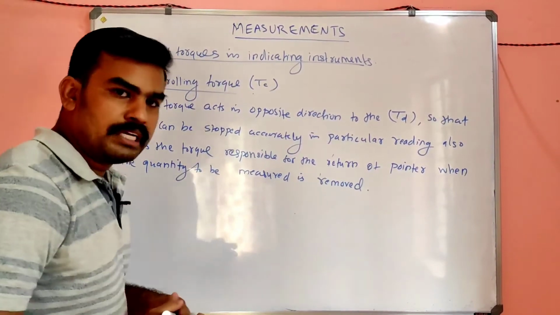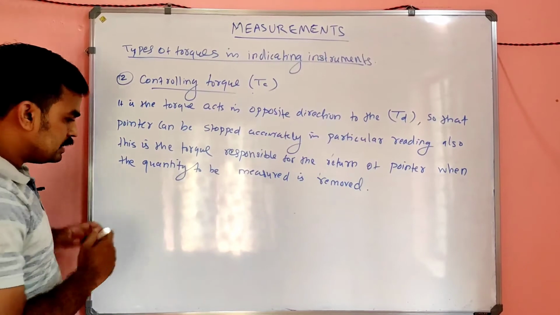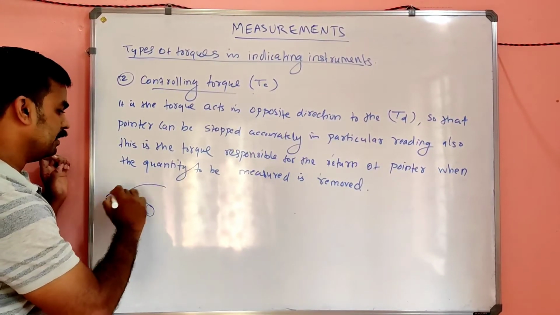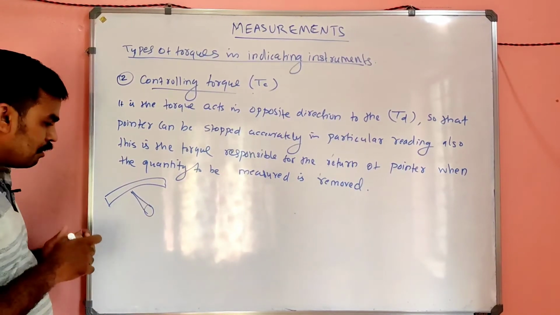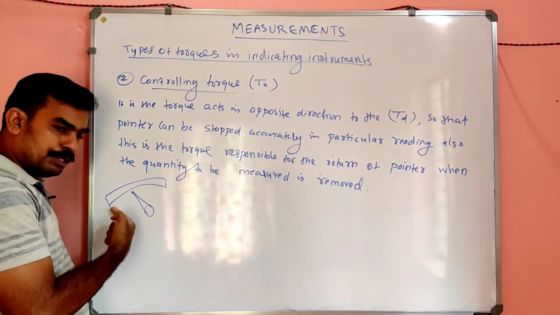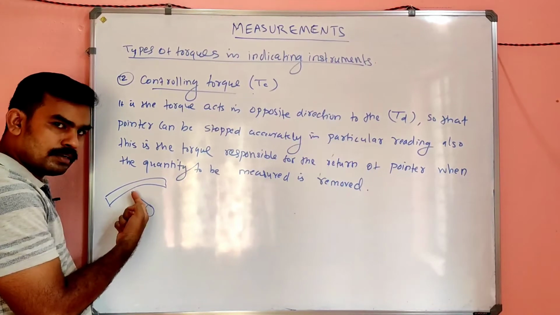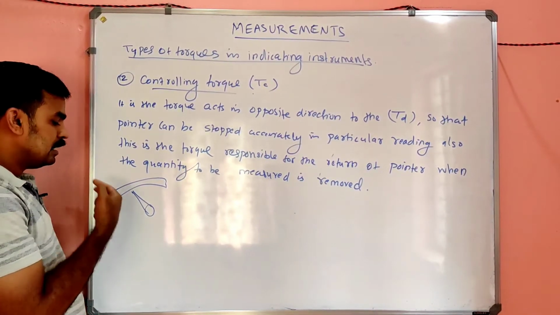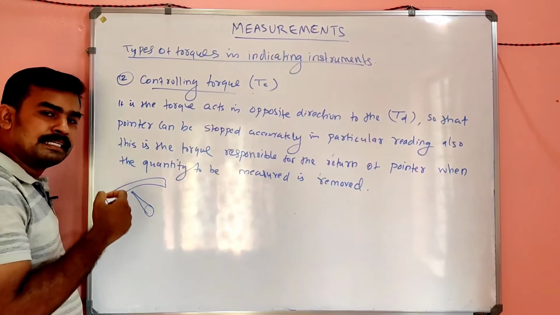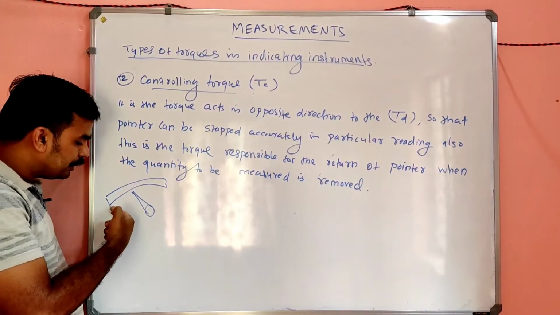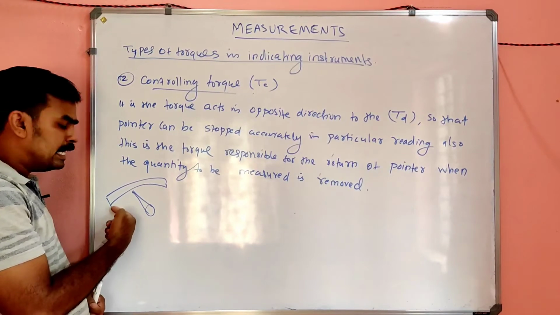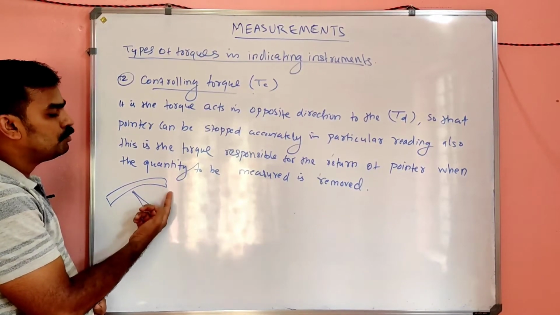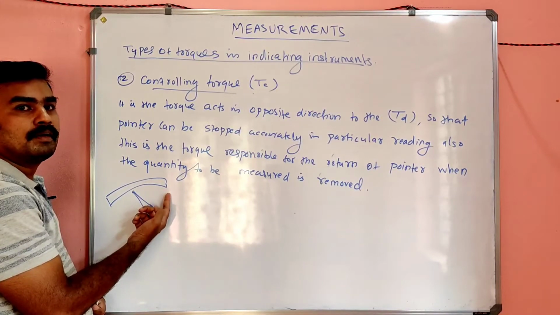Listen my dear, so controlling torque I will explain. Suppose this is a pointer, and this is our scale. You have to start the pointer from 0 to a particular value, so there will be a deflecting torque that I already told you, the torque responsible for starting the pointer from 0. If it is deflected, it will swing to the extreme end.